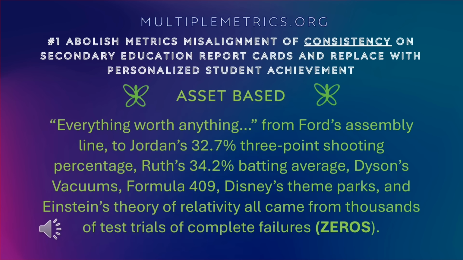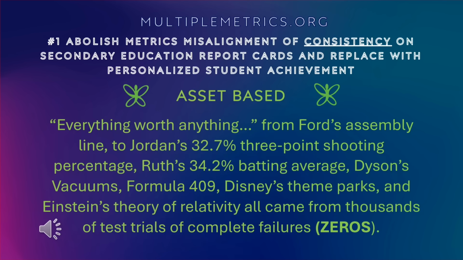We need to transition into an asset-based butterfly metric system. Everything worth anything, from Ford's assembly line to Jordan's 32.7% three-point shooting percentage average, Ruth's 34.2% batting average, Dyson's vacuums, Formula 409, Disney's theme parks, and Einstein's theory of relativity, all came from thousands of test trials of complete failures, zeros.